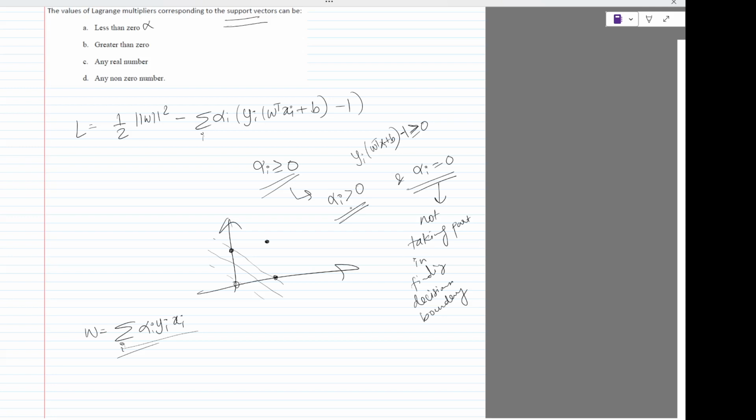The remaining, alpha greater than 0, they are there in the summation. So they are the support vectors. This is one way of interpreting it. So for your support vectors, your Lagrange multipliers are greater than 0. It's not any real number, and it's not any non-zero number also.